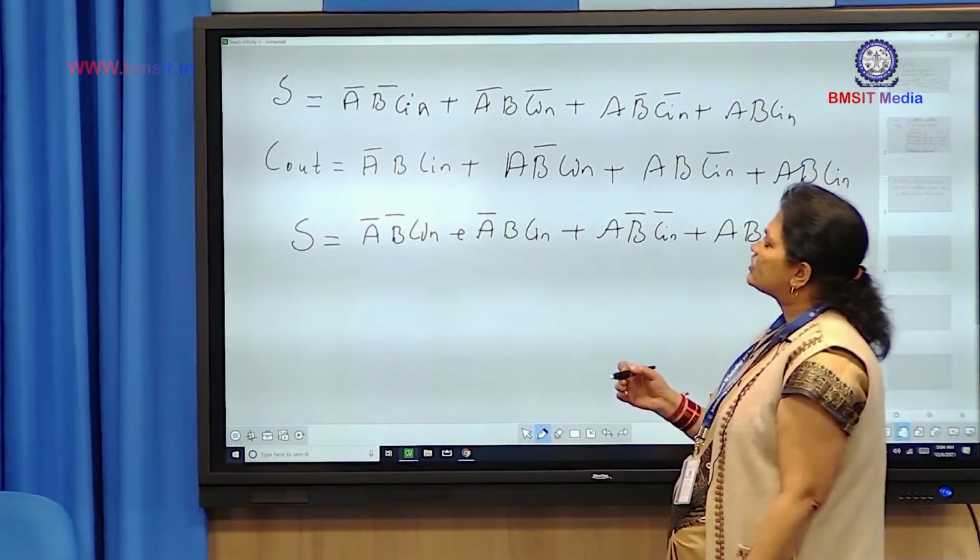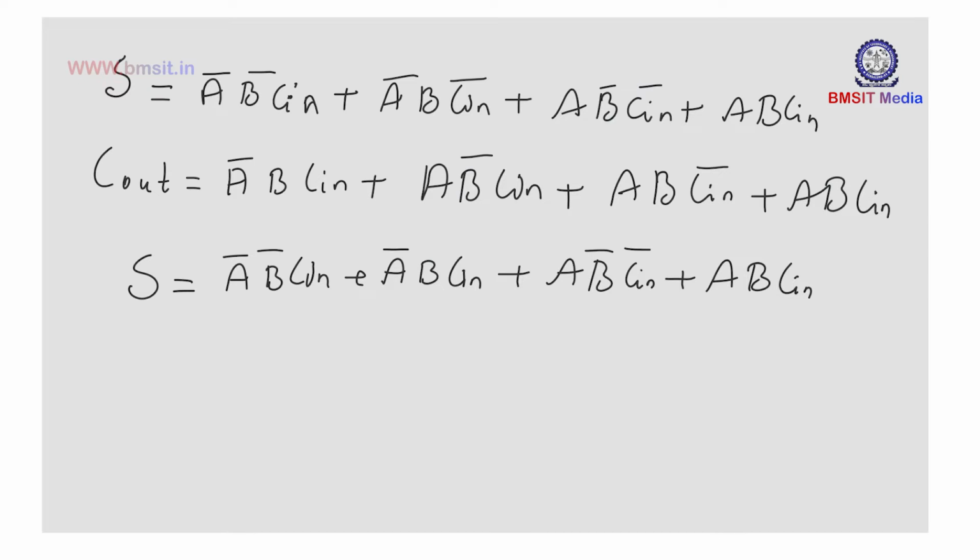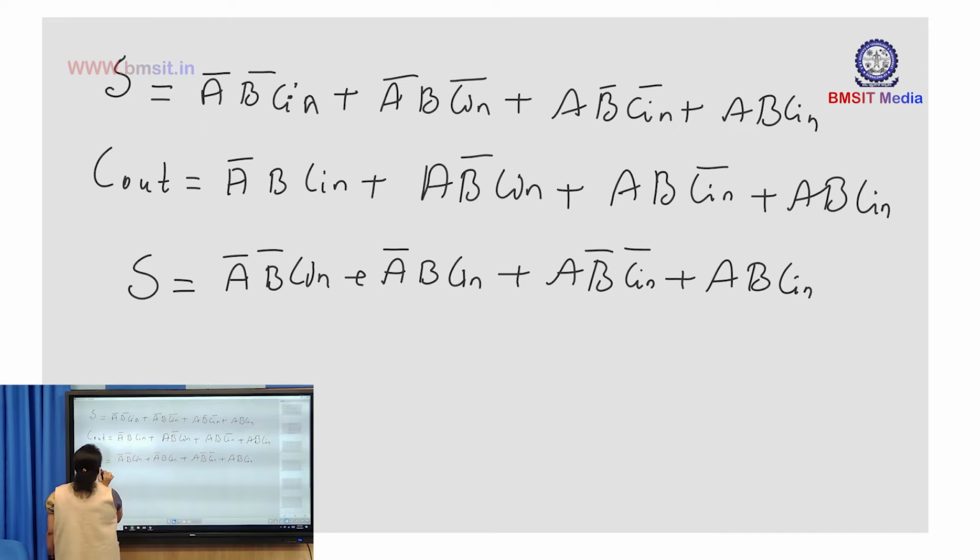Now for simplification, I have considered the expression for sum. Now from this expression, I'll check whether this can be simplified. Yes. From the first 2 parameters of sum, I have rewritten the expression for sum here. From the first 2 parameters of the sum, we can take A bar as common.